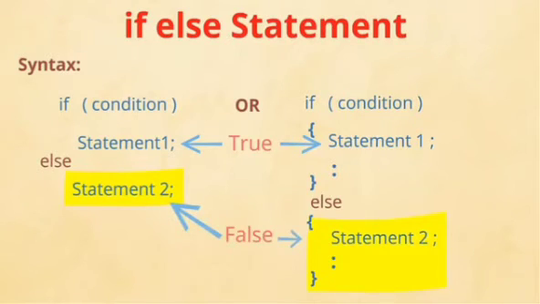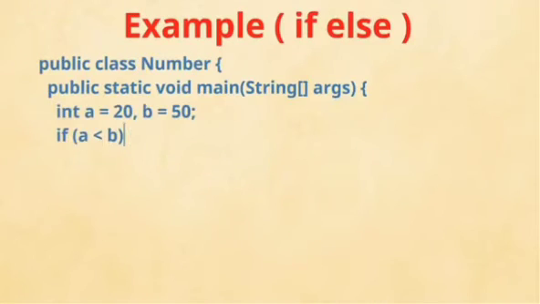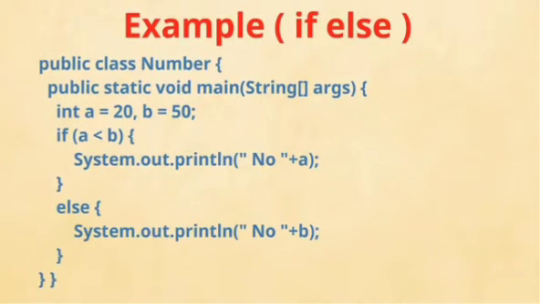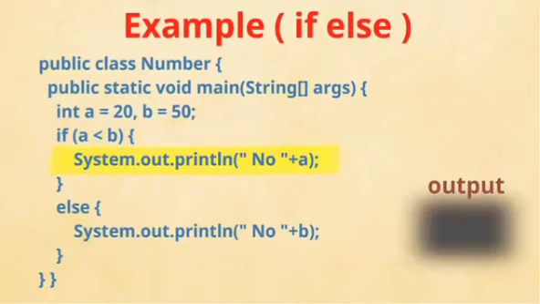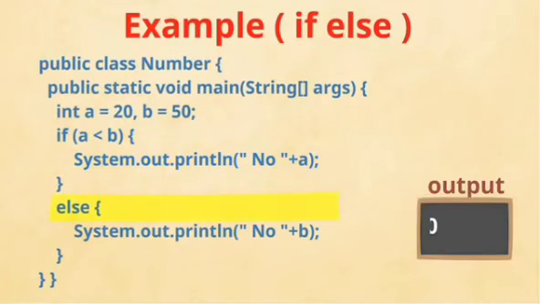Here is one example of an if-else statement. Here is a program, two numbers are there, a is equal to 20 and b is equal to 50. Here is one condition, if a is less than b. If it is true, the output is the number is equal to a.